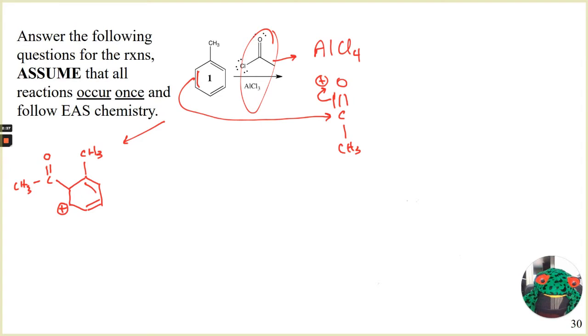And that carbocation is not particularly stable. It could be stabilized via resonance. It's drawn a bit sloppily, so let's try that again.